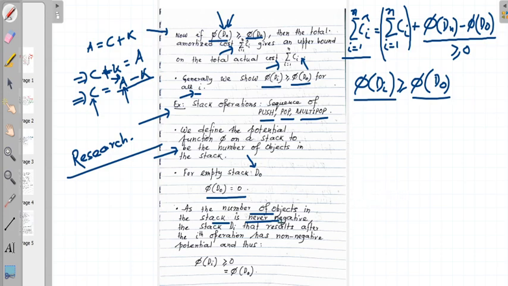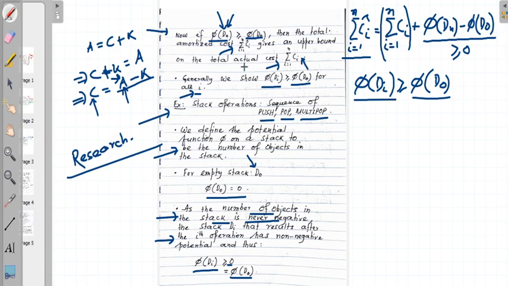So by definition the stack is never negative. The stack Di that results after the ith operation has non-negative potential, that is phi of Di greater or equal to 0, and phi of D0 as well.